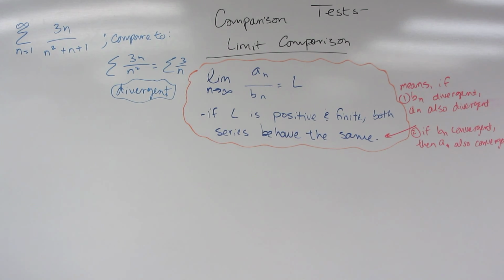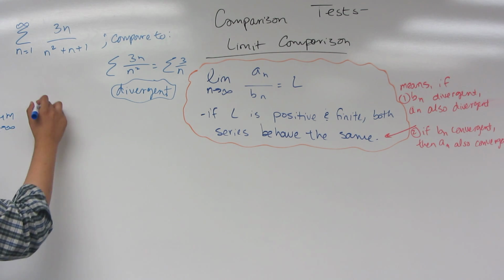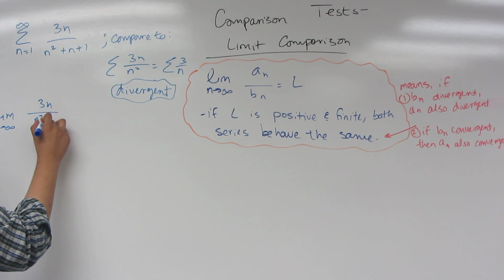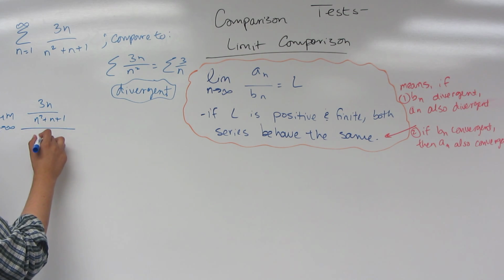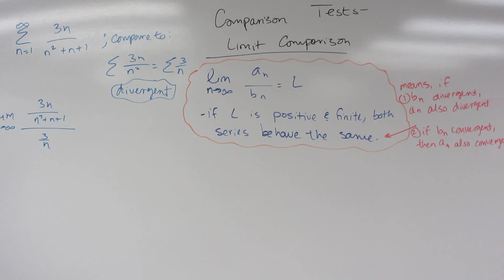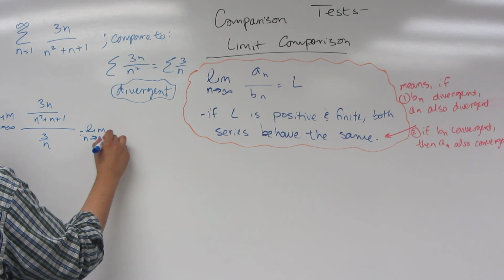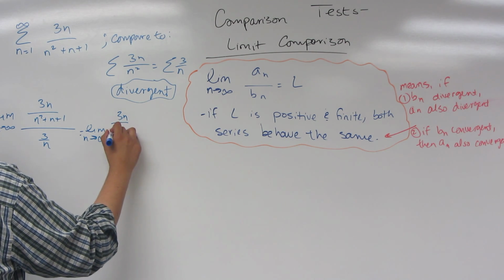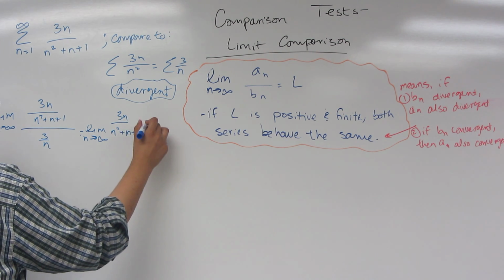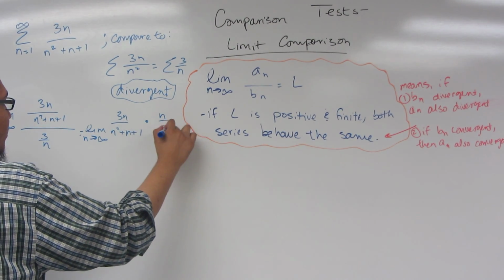Now we take our original series: the limit as n approaches infinity of 3n over n squared plus n plus 1, divided by 3 over n. This can be simplified to the limit as n approaches infinity of 3n over n squared plus n plus 1 times the reciprocal, which is simply n over 3.